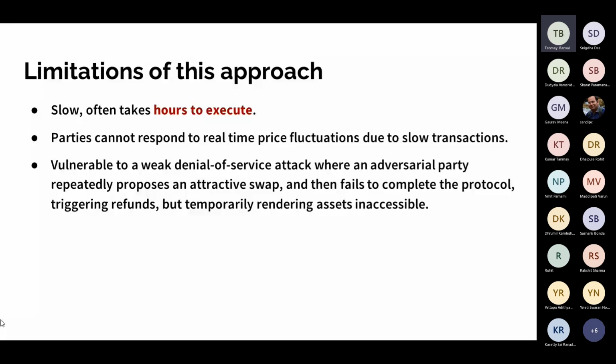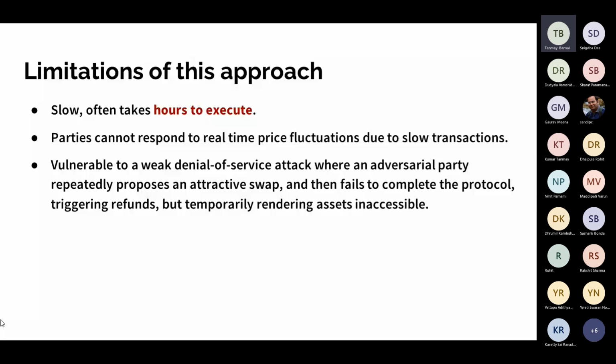And parties may not be able to respond to real-time price fluctuations. As we saw in the two-party case, Alice decides to pay 1 Bitcoin, expecting maybe 33 ethers based on the current rate, and then Bob delays, and by that time 1 Bitcoin has become 35 ethers.